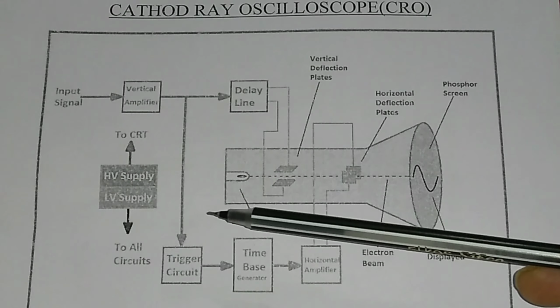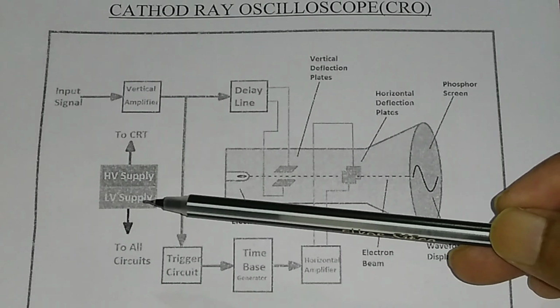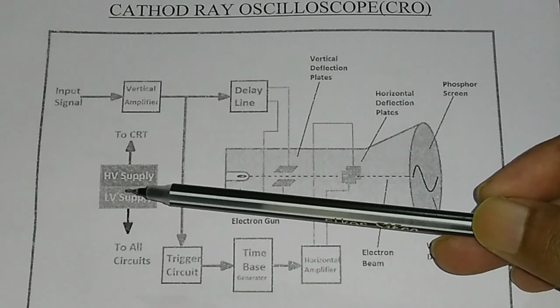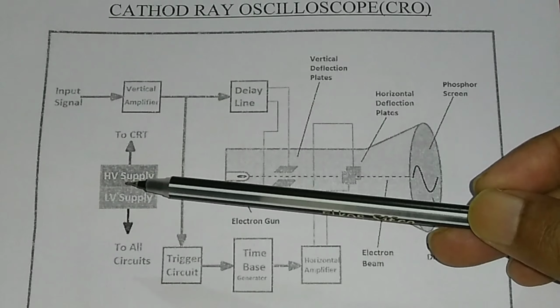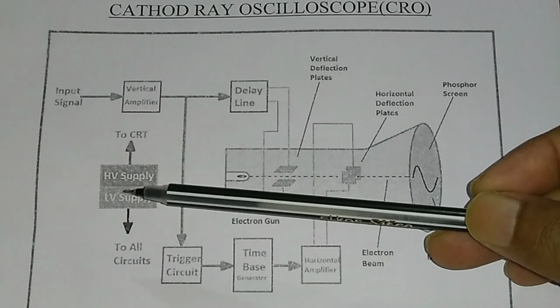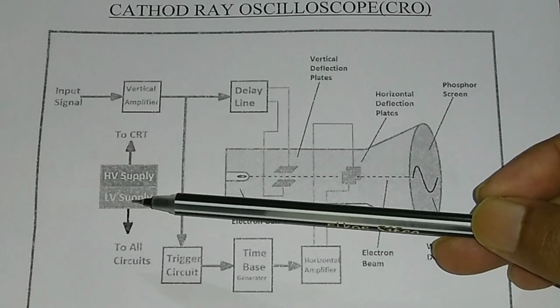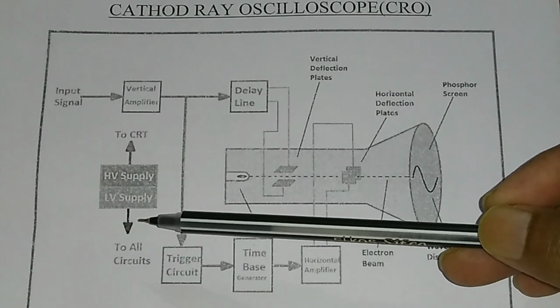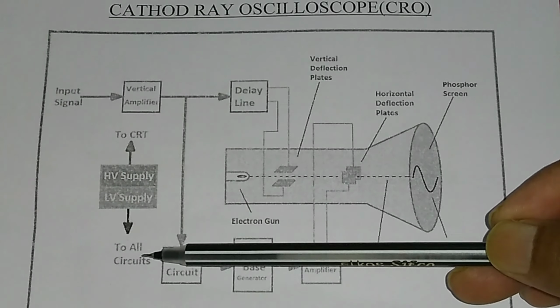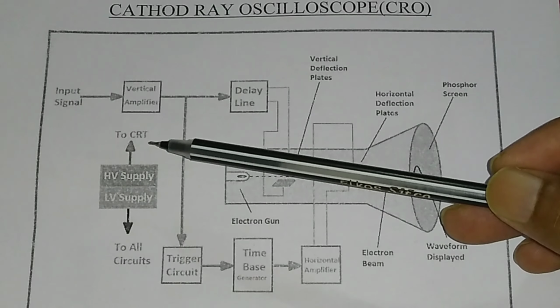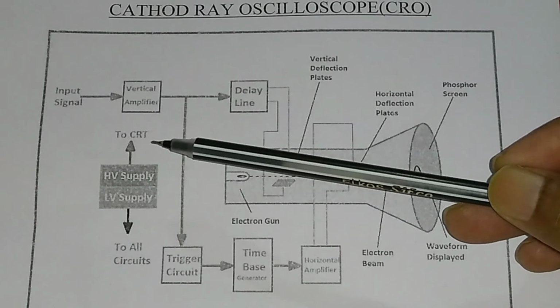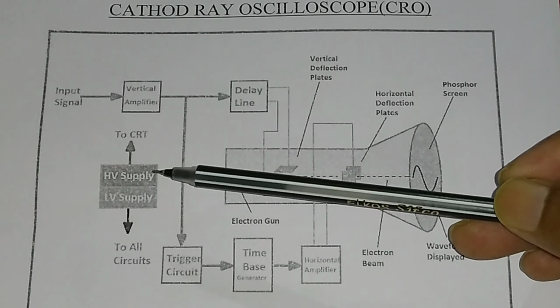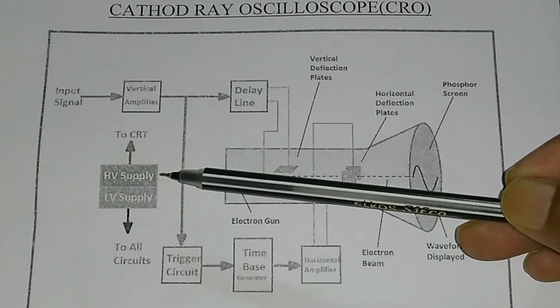So in CRO you have two voltage supplies. One is your LV, another is your HV. HV is the high voltage and LV is the low voltage supply. Basically low voltage supply is given to all the circuits, but to the CRT, that is the cathode ray tube, which we will discuss, high voltage supply is given.